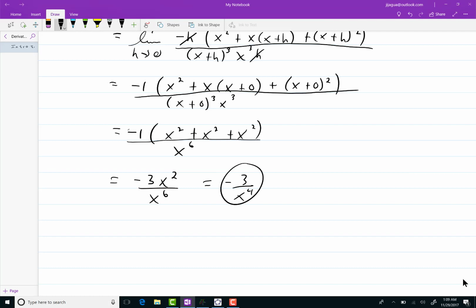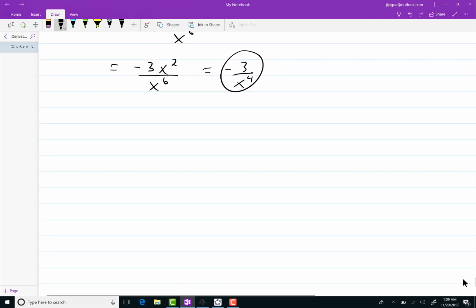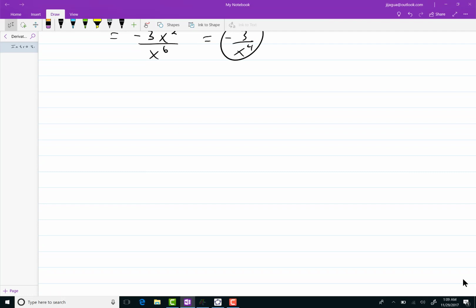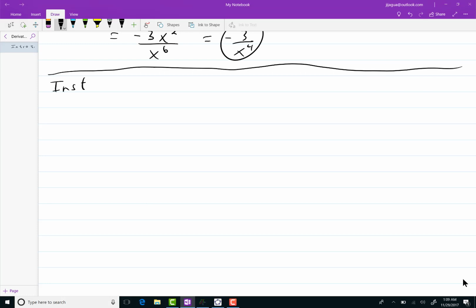So there's another notation. Even better yet, the physicists like this one. Instead of an h, which really is the amount that x and a vary from each other, we can use delta x equal to h.